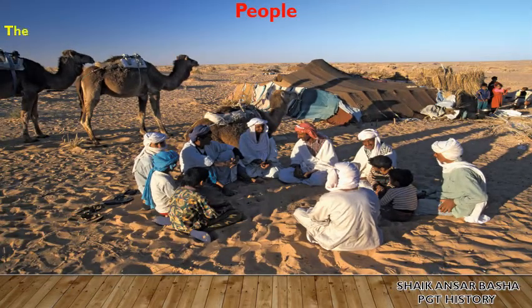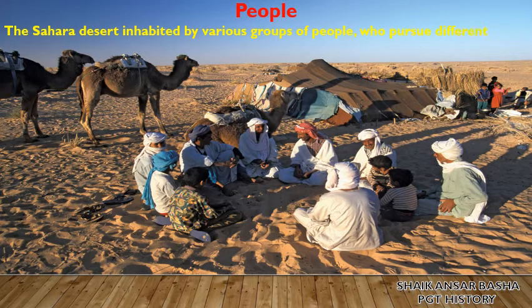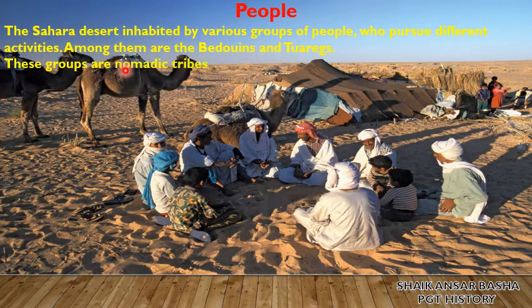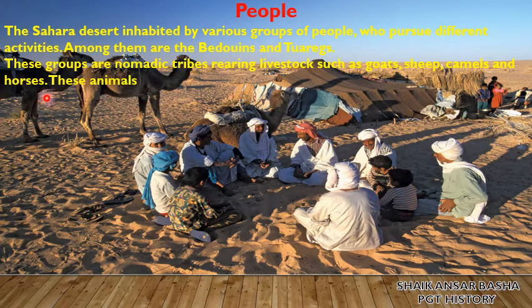The people of the Sahara Desert. The Sahara Desert is inhabited by various groups of people who pursue different activities and occupations. Among them are the Bedouins and Tuaregs. These groups are nomadic tribes rearing livestock such as goats, sheep, camels, and horses.